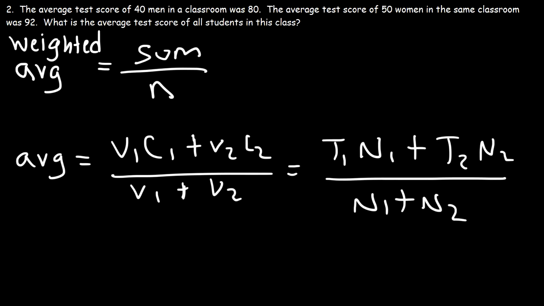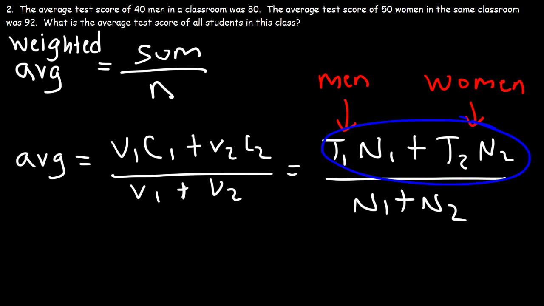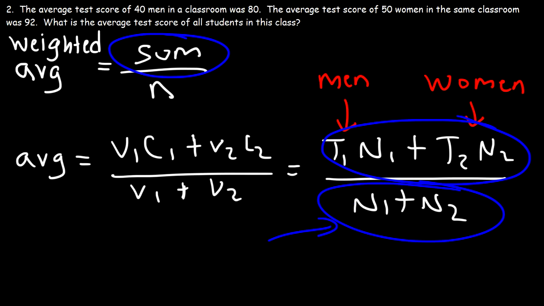Now, focus on the basic idea behind this equation. This right here represents the total score of all men in the classroom, and this term, T2N2, represents the total score of all women in the classroom. When you combine these two expressions, you get the total score of all students in the classroom, divided by N1 plus N2, which represents the number of students in the classroom.